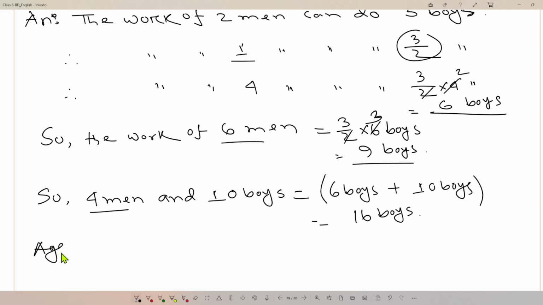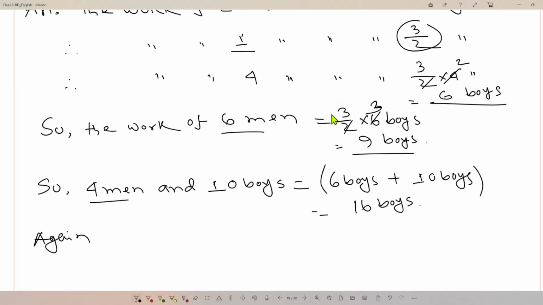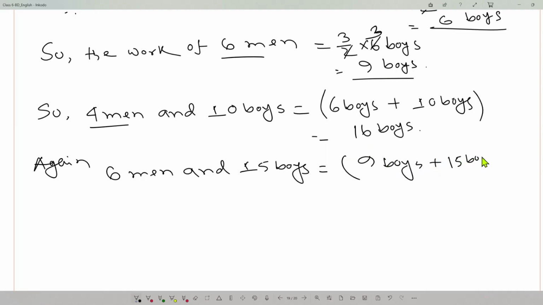Again here is mentioned 6 men and 15 boys. Again 6 men and 15 boys equals to 6 men means 9 boys plus 15 boys. It means 15 and 9, it will be 24 boys.